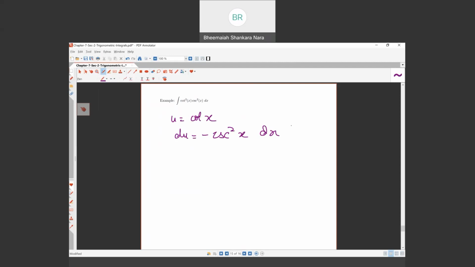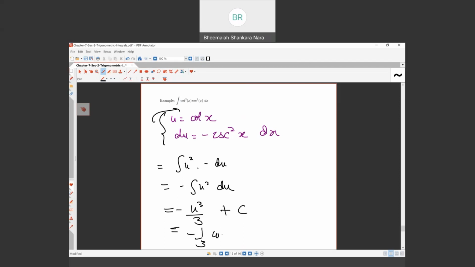So when I choose these plugins for the given integrand, it looks like this, u square and then a negative du. So negative goes out, u square du. Integrate again, u cube divided by 3 plus c. So this will be negative 1/3 cotangent cube. This was the plugin we used in the starting, plus c.